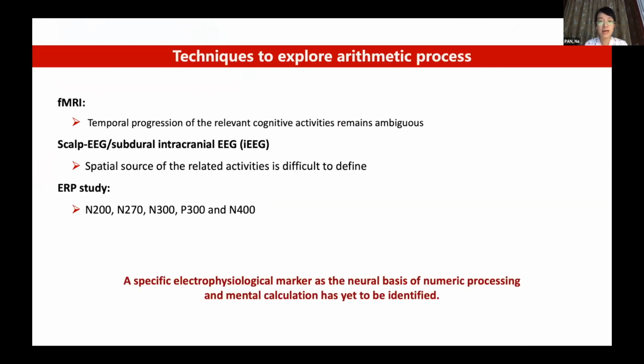Several techniques are used to explore the arithmetic process, like functional MRI, scalp EEG, and subdural intracranial EEG. Even event-related potential studies are used to explore this process. However, a specific electrophysiological marker as the neural basis of numerical processing and mental calculation has yet to be identified.